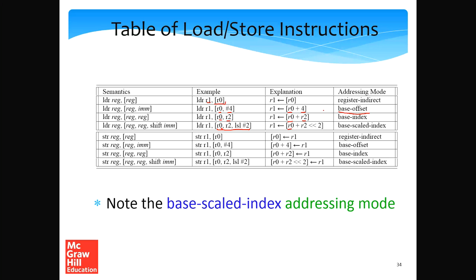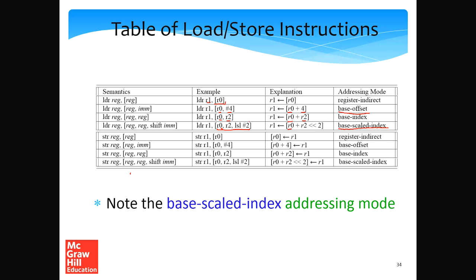In terms of bytes, if each element takes 4 bytes, they need to be accessed as 0, 4, 8 and so on. So we can take the sequence 0, 1, 2 and multiply it by 4 or left shift it by 2. This is where the notion of the base and scaled index comes in.